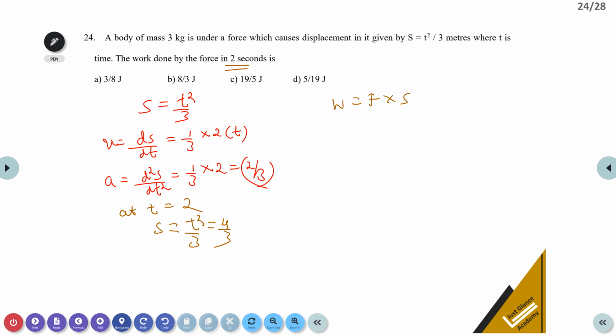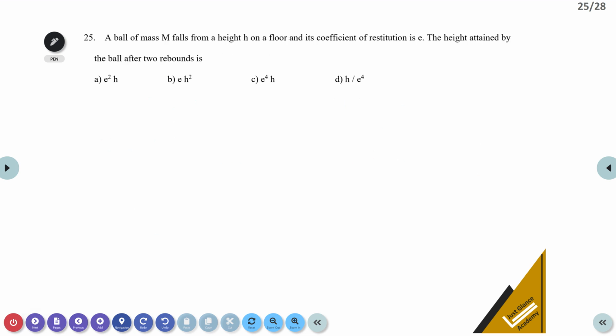The 3 cancels, and it becomes 8 by 3 joules. Next.